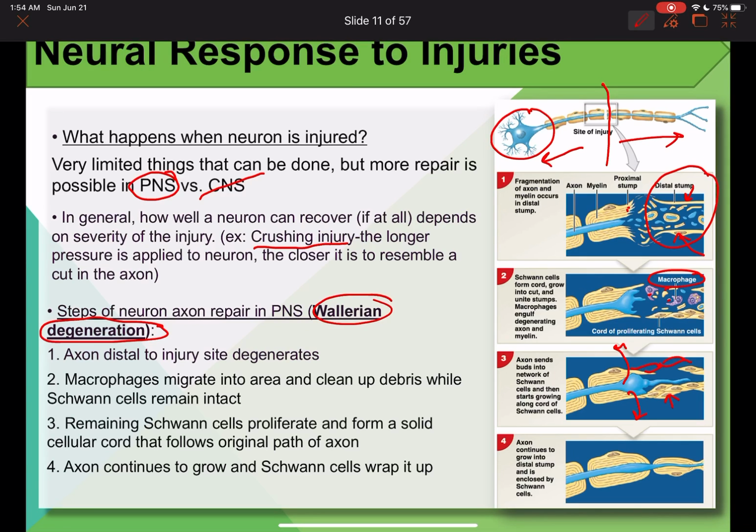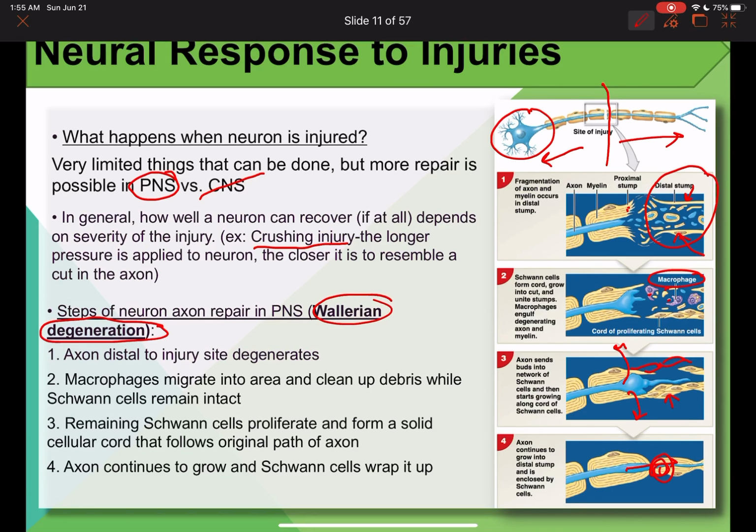All right, so lastly, your axon will grow into that cellular cord formed by these Schwann cells. And then once your axon is formed, Schwann cells will do their growth again around the axon and make their myelin sheath that wraps around the axon, and regenerate that whole axon part that was broken off, okay?